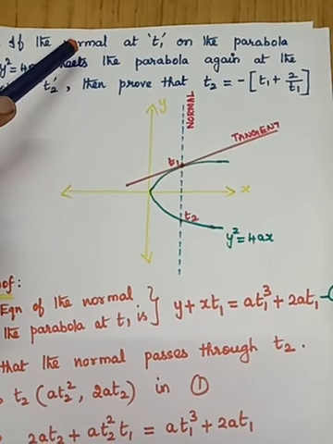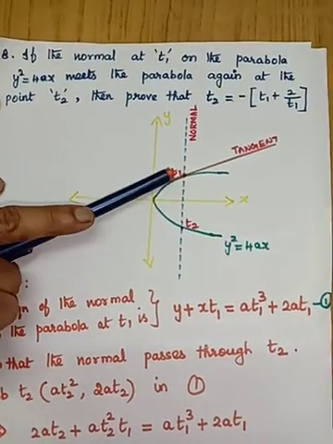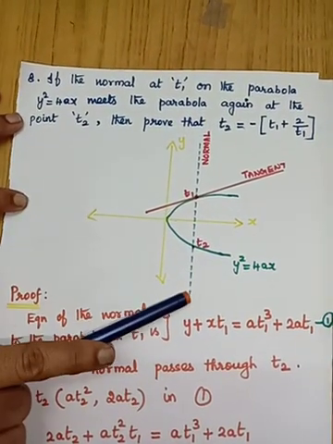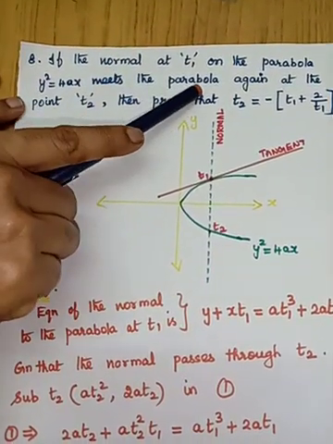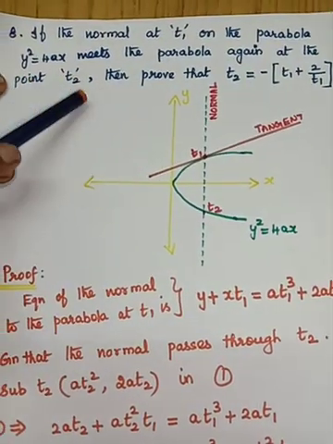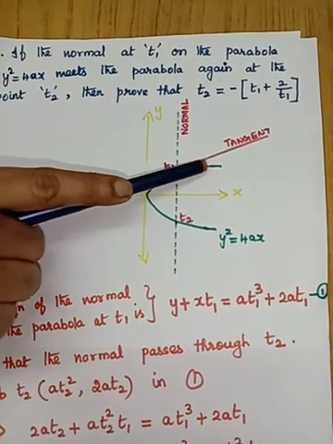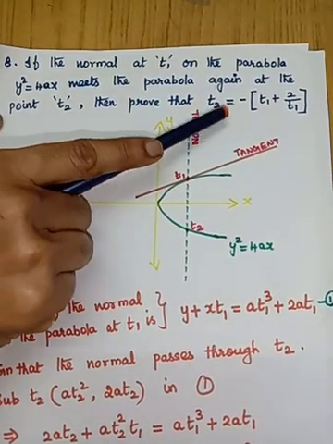What is given? The normal at t1. This is the tangent at t1, and the normal is perpendicular to the tangent, so this is the normal line. This normal line meets the parabola again at the point t2. So we have to show this result.